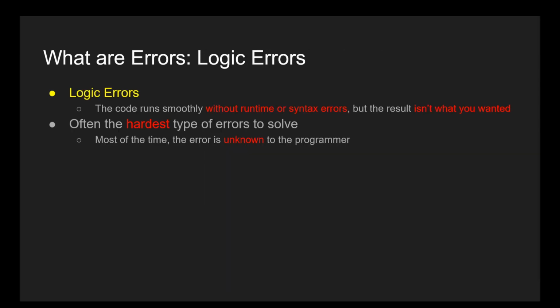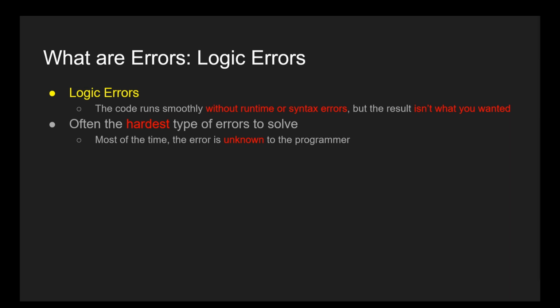The final type of error that we will be covering is a logic error. This error is pretty self-explanatory. A logic error occurs when the code runs smoothly without any runtime or syntax errors, but the result that you get isn't what you wanted.